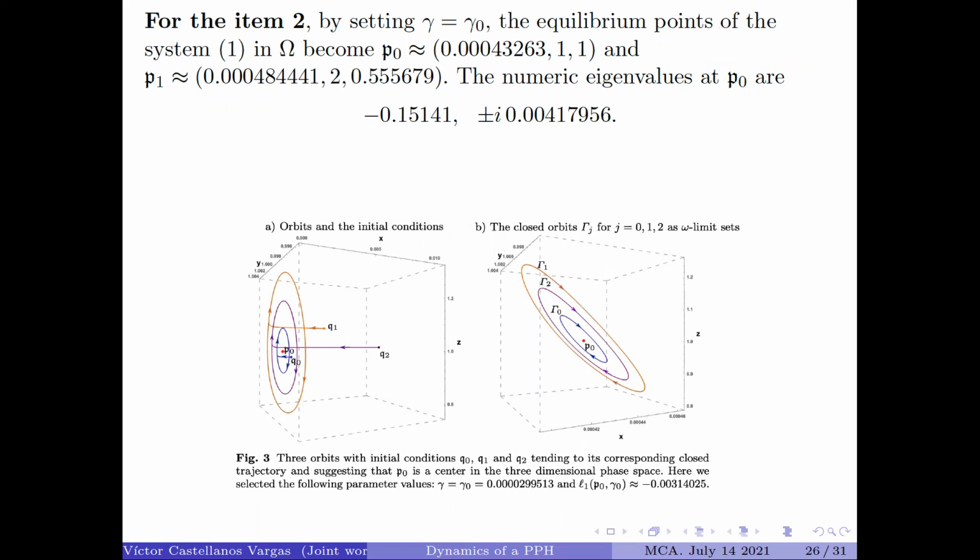So the next, for item 2, by setting gamma equal to gamma 0, the equilibrium point of the system 1 in the positive octant becomes P0 equal to this one, and P1 equal to this one. So the numeric eigenvalues at P0 are a negative real eigenvalue and a pair of pure imaginary eigenvalues.